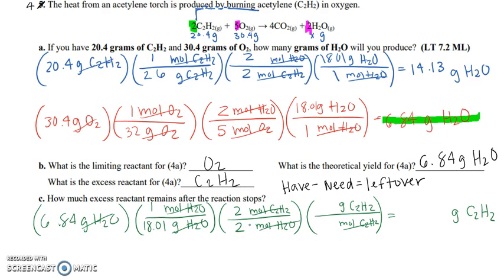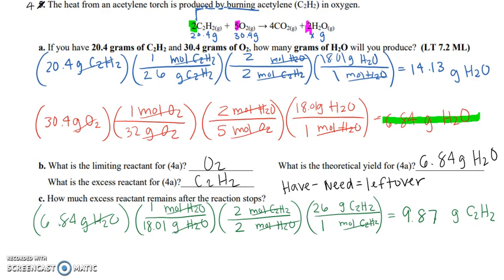Those are my coefficients from my balanced chemical equation. And for every 1 mole of C2H2, I have a molar mass of 26 grams of C2H2. When I plug it in my calculator, 6.84 divided by 18.01 times 2 divided by 2 times 26 gives me a value of 9.87 grams of C2H2.